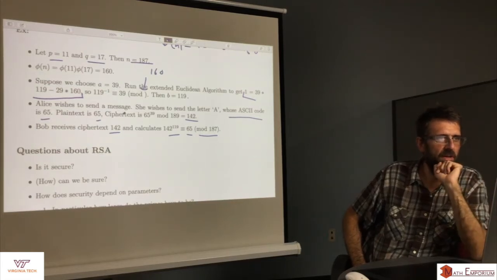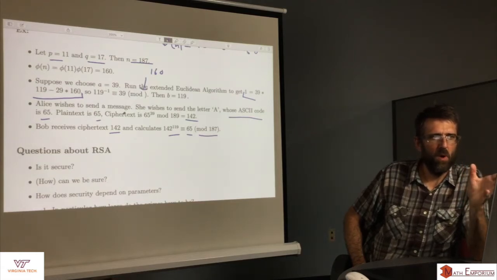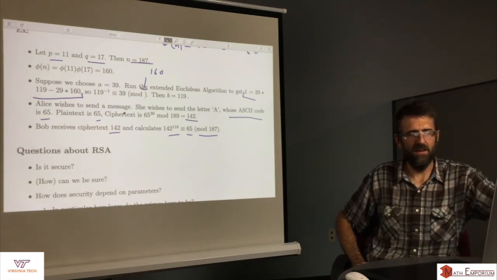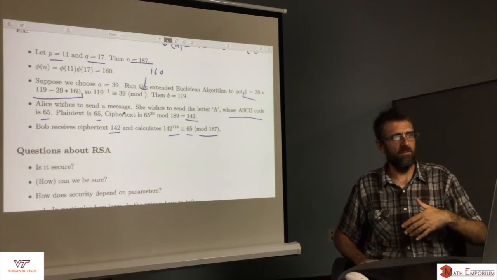So, for example, here, if I see n, if I know the public modulus n, what would I have to do to break the system? Well, I would have to factor n. Right? If I factor n, then I can get phi of n. And then once you've got that, everything else here is just done with known very efficient algorithms.